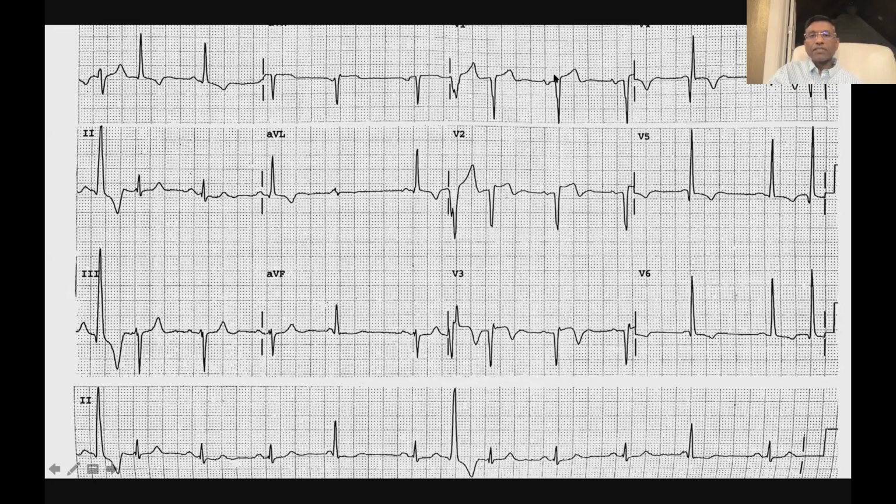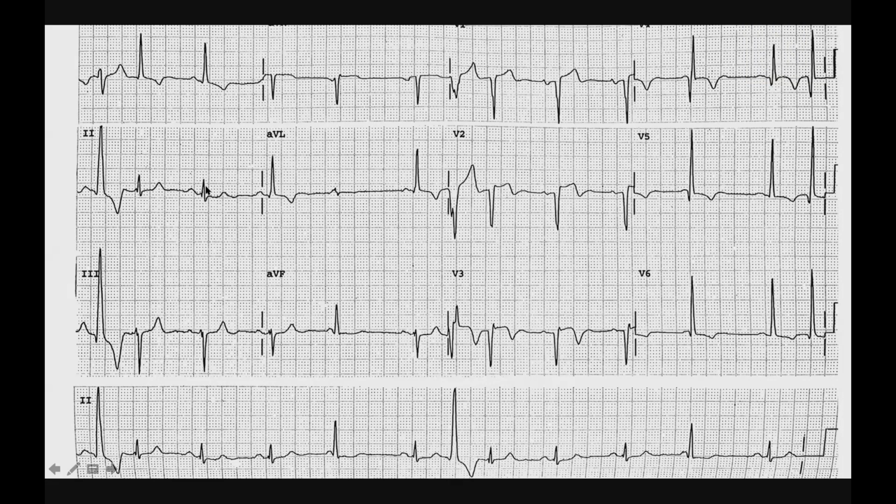There is ST elevation here, I agree with you. A little bit of a deep Q wave. A little bit atypical in that the ST segments are not just coved upwards, so to speak, and you don't have any dramatic reciprocal changes, or not as prominent as those look. So maybe it's not acute.